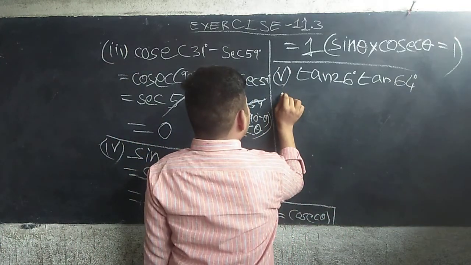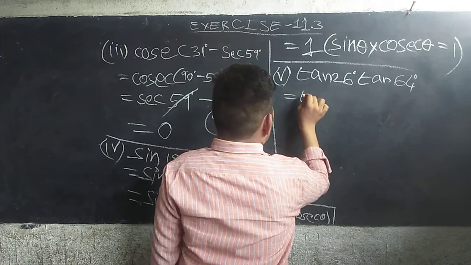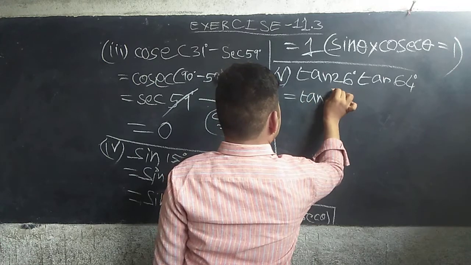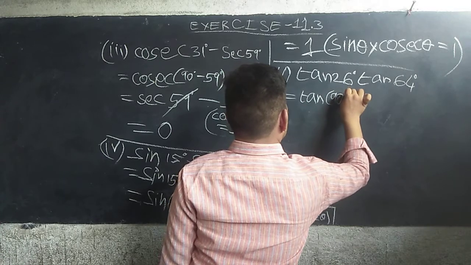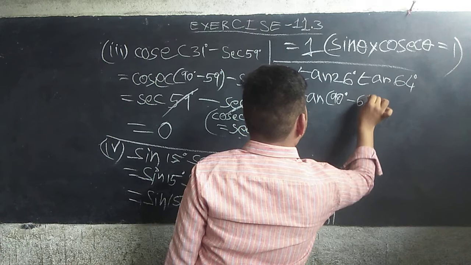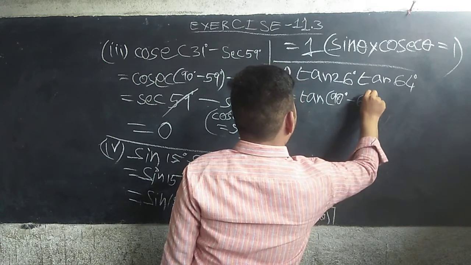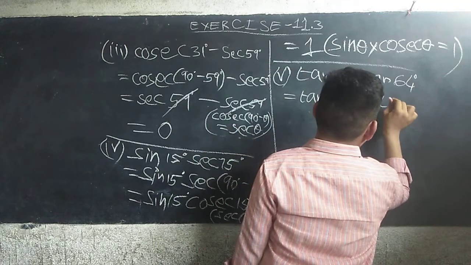Now tan 26 degrees can be written as tan of 90 degrees minus 64 degrees, into tan 64 degrees.